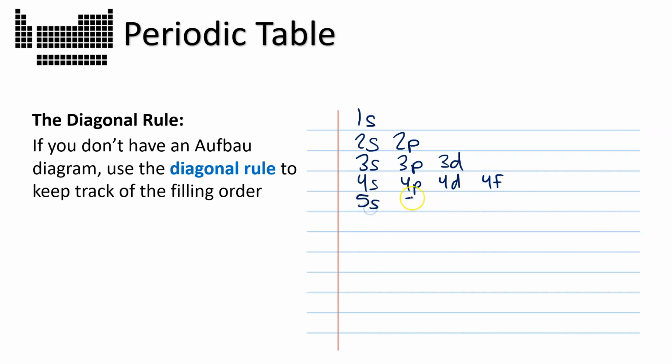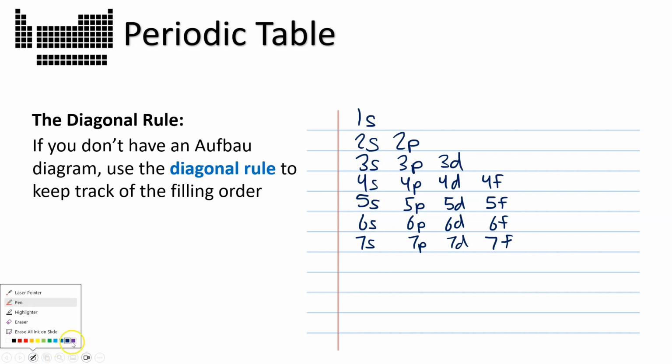Once you get to the f orbitals, you don't have to worry about adding any new orbital types. You can stop at the f's for as many energy levels as you need. For this example, I'll go to the 7th energy level like so. So while you still have to remember how to set these up, you can see just how fast and easy it is to do that.